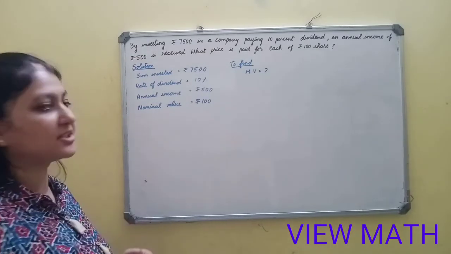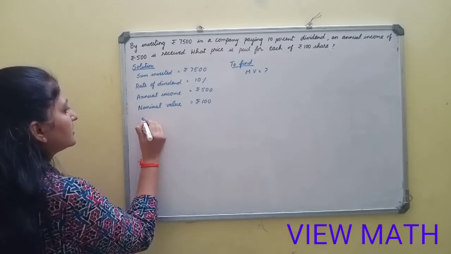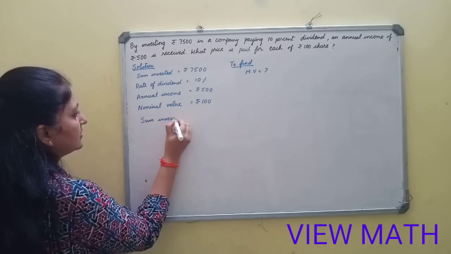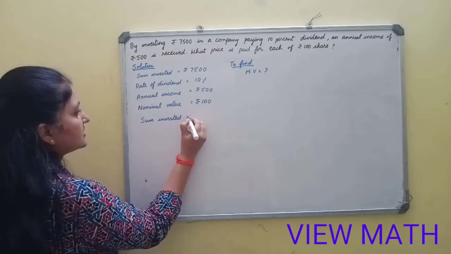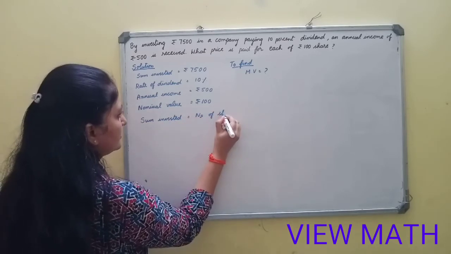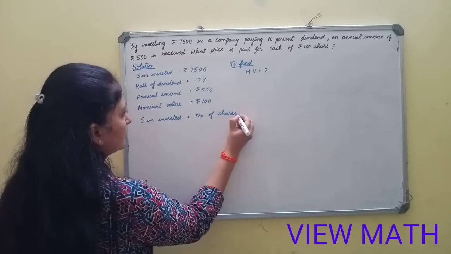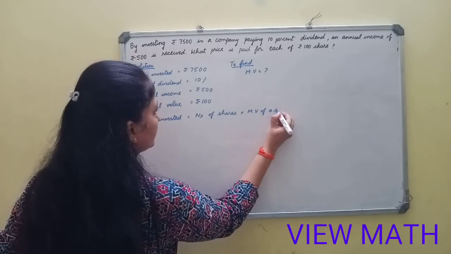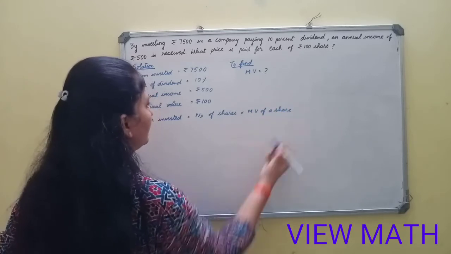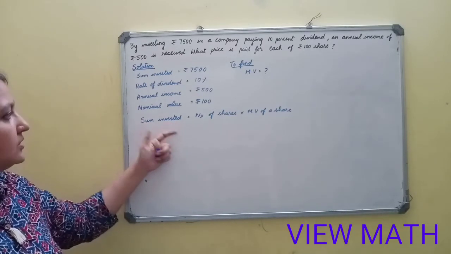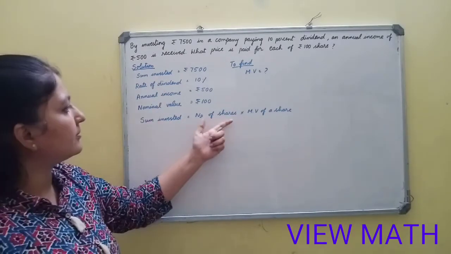So how to calculate the market value? We know sum invested is equal to number of shares into market value of a share. In this formula, we know sum invested, it is given in the question.